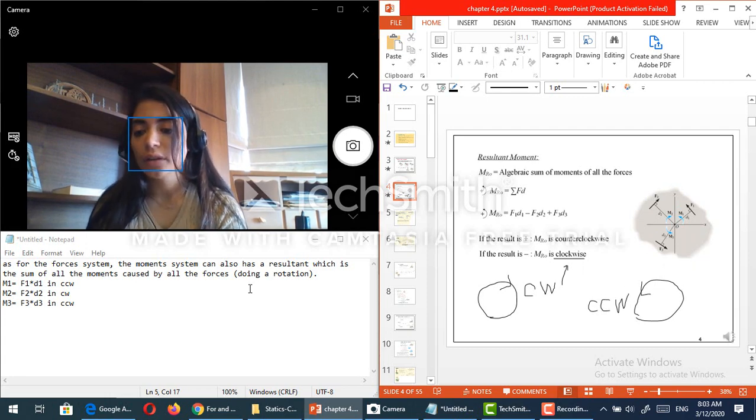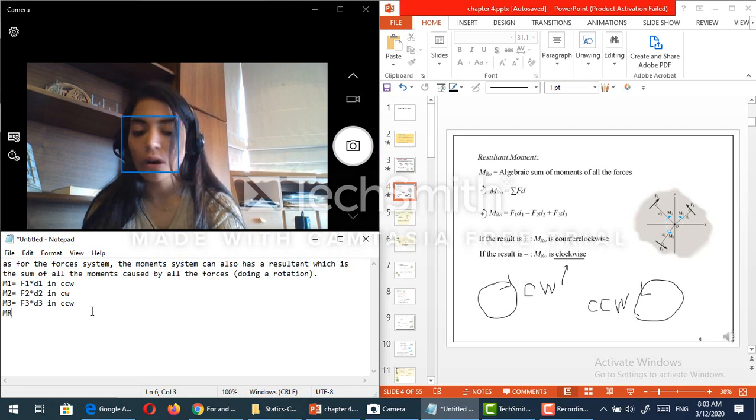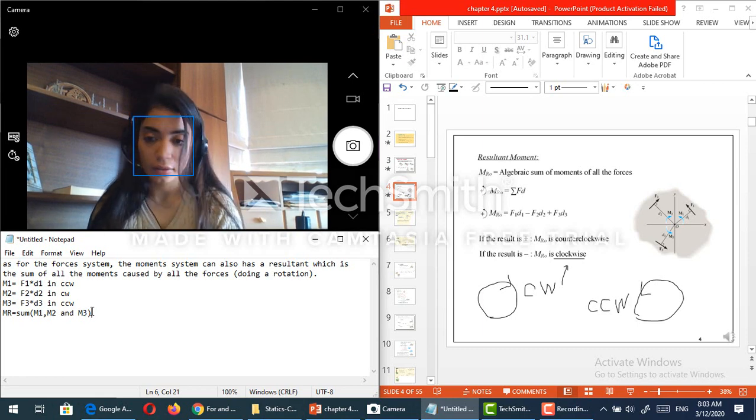If I need to find the resultant moment, MR will be equal to the sum of M1, M2, and M3. So this is M resultant. How can I sum them without knowing their sign?